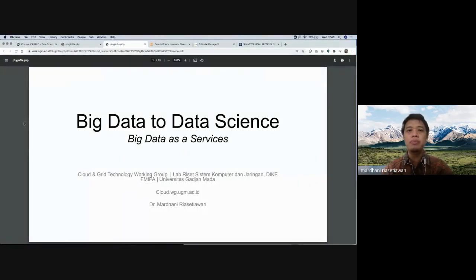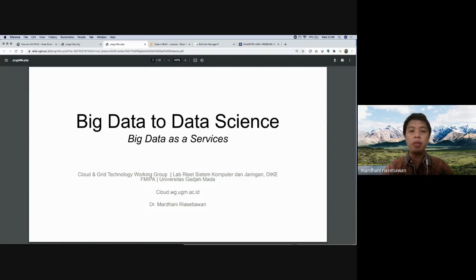The first topic we want to discuss this morning is how big data is the foundation, the baseline, for data science. Last week I already discussed with you that when we talk about data science, we work on top of a big data environment.